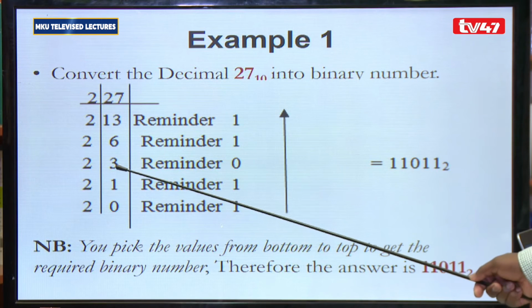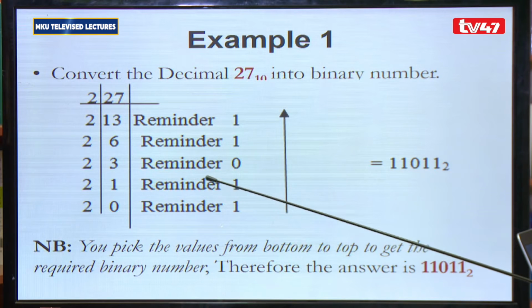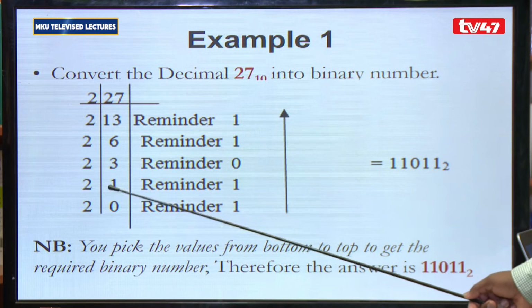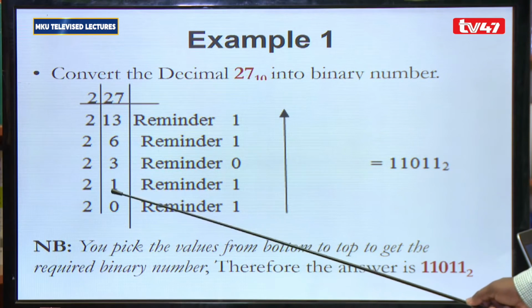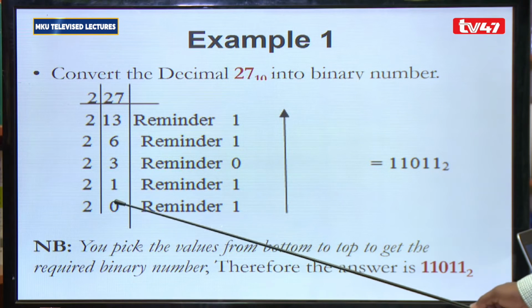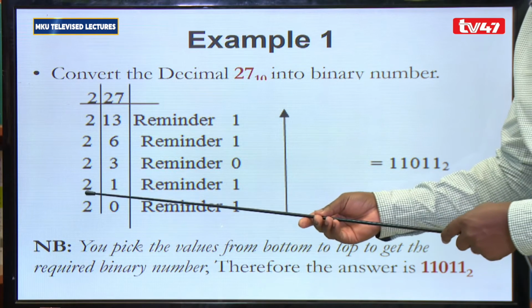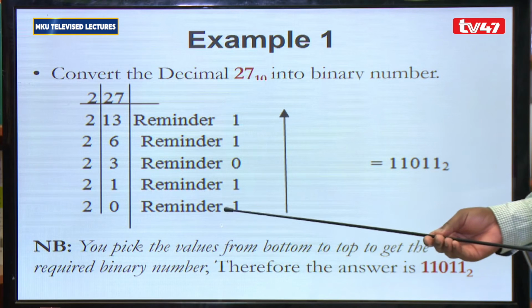You continue that way, 3 divided by 2, you get 1, remainder 1. 1 divided by 2: when you get such a case, where the number you are dividing is smaller than the divisor, you write 0 remainder that number. So in this case, 1 divided by 2 we write 0 remainder this 1.